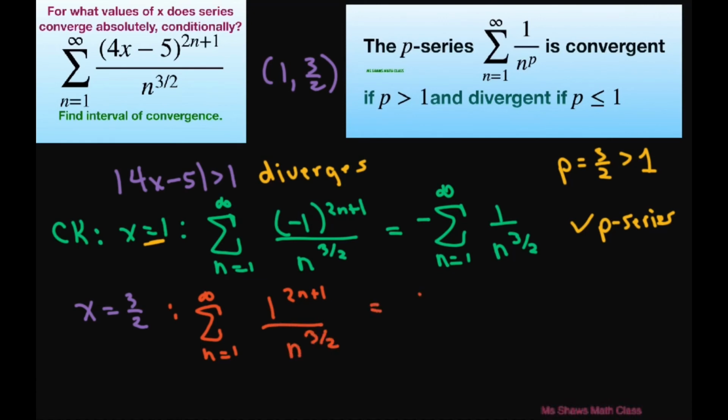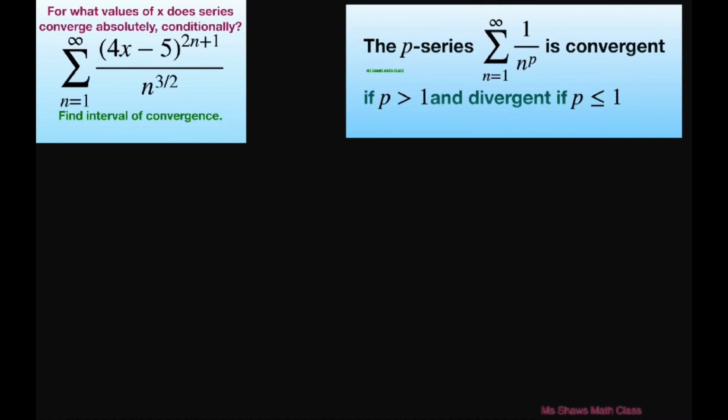This is going to equal the sum from n equals 1 to infinity of 1 divided by n to the power of 3 halves, which again converges by the p series because 3 halves is greater than 1. So it's convergent.